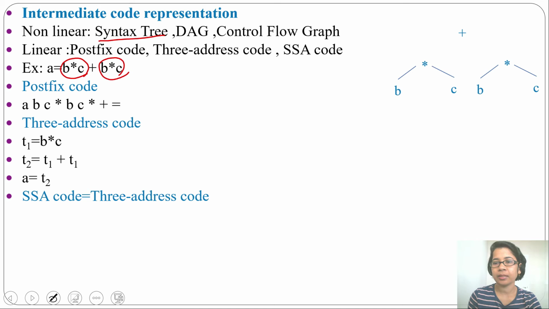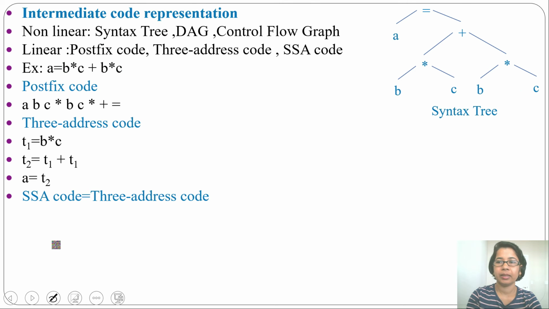So for plus, this multiplication will be its left child and that multiplication will be its right child. Next we need to assign this value to A, so we'll create another node, equal. For equal, A will be its left child and plus will be its right child. Now this is the syntax tree for A = B * C + B * C. You can say this is a syntax tree, or sometimes it is also called an expression tree.